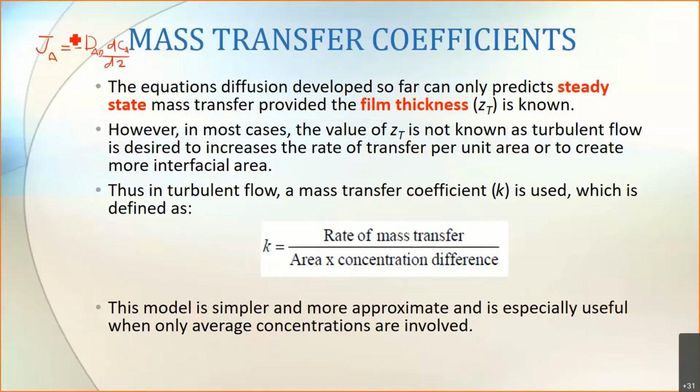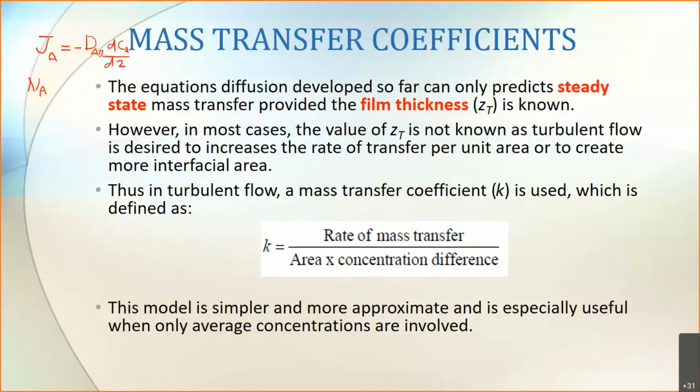In order to define the value of flux JA or the total flux NA, you need to know the diffusion coefficient, the differences in concentration, and also the length of your diffusion path. You need to know your delta Z.